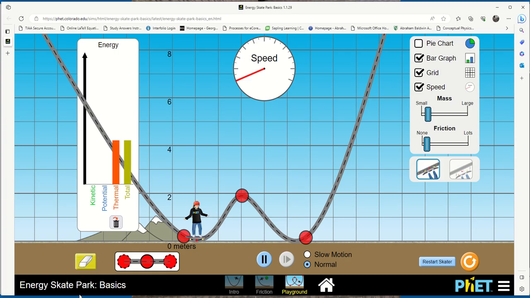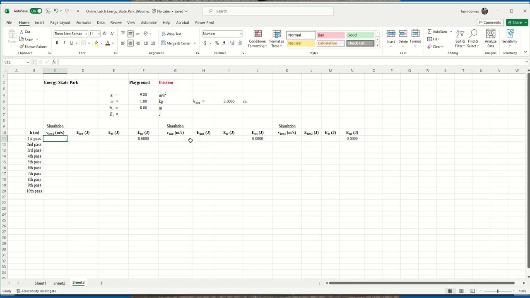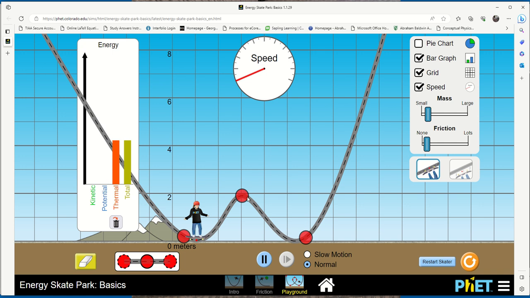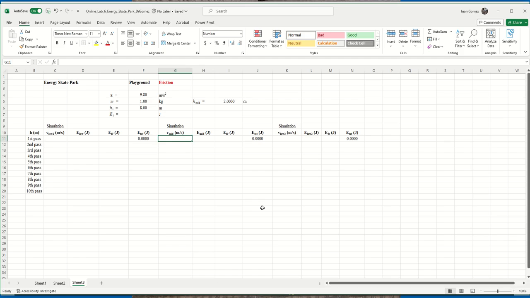Right, that's V low 1. Then V mid, that's the speed at the peak, right here. Then V low 2, that's the speed at the second low point. I'm getting those from the simulation. Nothing complicated.